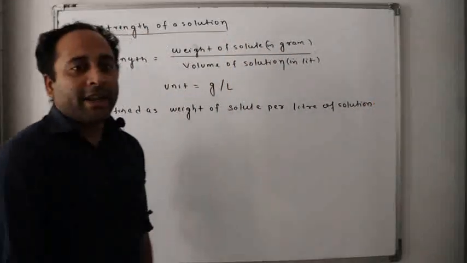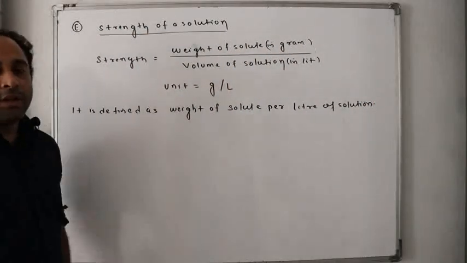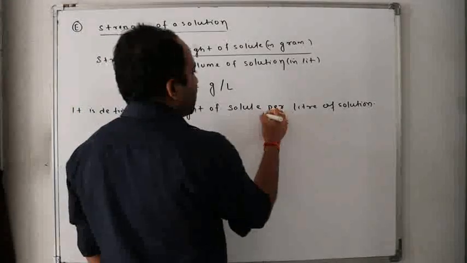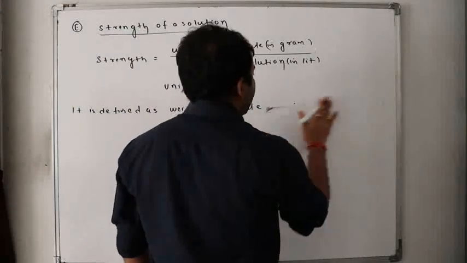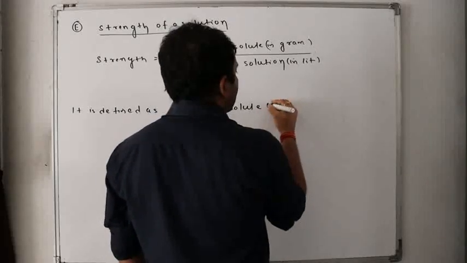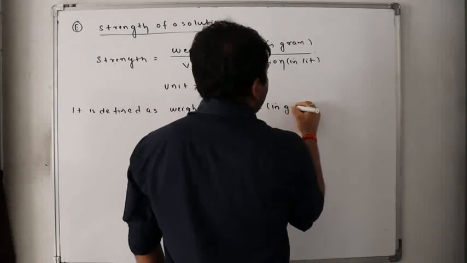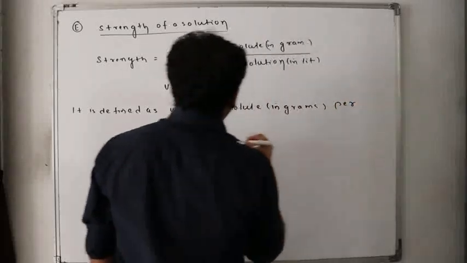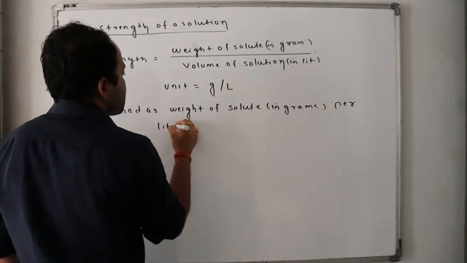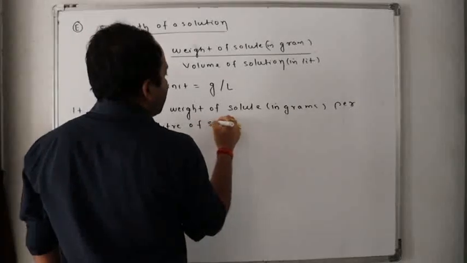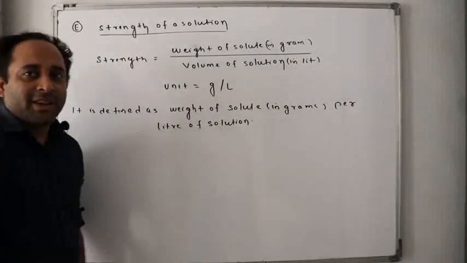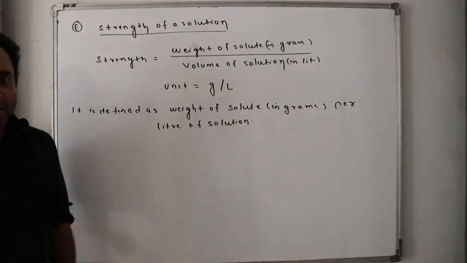Is equal to the weight of the solute per liter of the solution, and that solute should be in grams. I can write here: solute in grams per liter of solution. Okay, per liter of the solution.